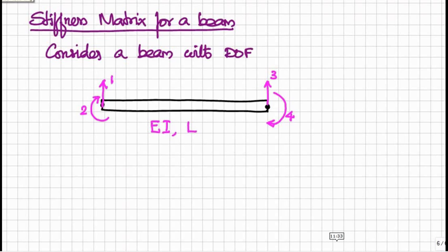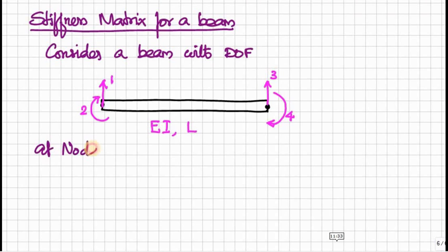At node 2 we have another vertical displacement and rotation. The horizontal displacement is neglected because it is assumed that the member is inextensible, that is, the length of the beam will not change. So here we consider only vertical displacement and rotation. EI is constant throughout the beam and L is the length of the beam.